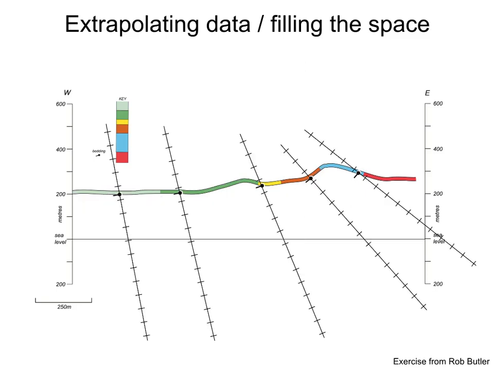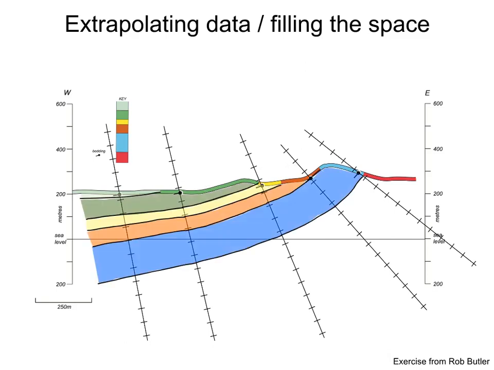It is actually better to draw perpendiculars to the dips, and along these perpendiculars draw equally spaced marks. We can then follow these marks to trace the contacts between the units. Notice that each unit has approximately the same thickness across the section. This is a reasonable interpretation. In sedimentary basins, rock units often exhibit constant thickness across folds.